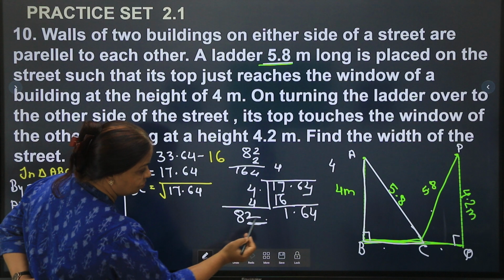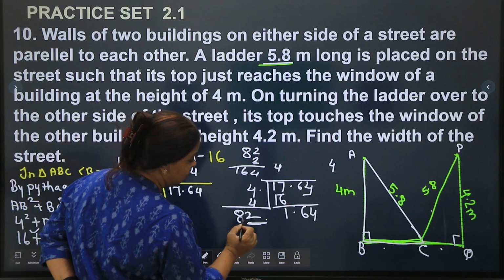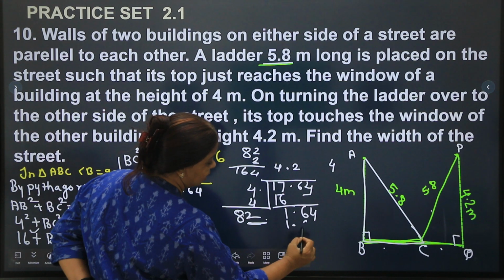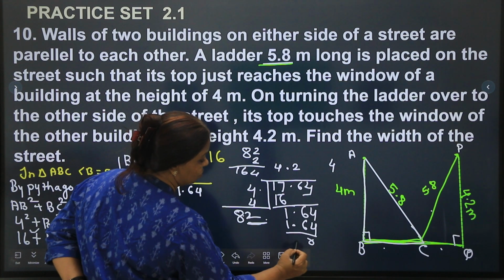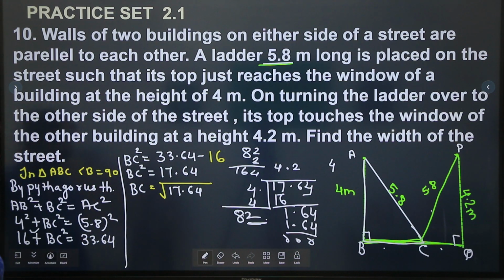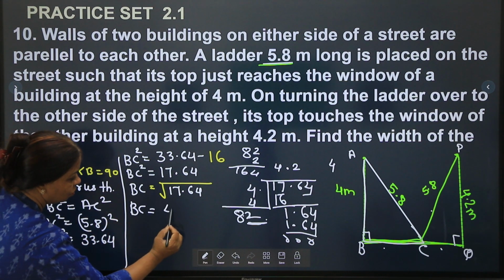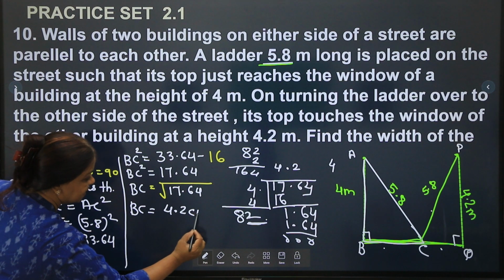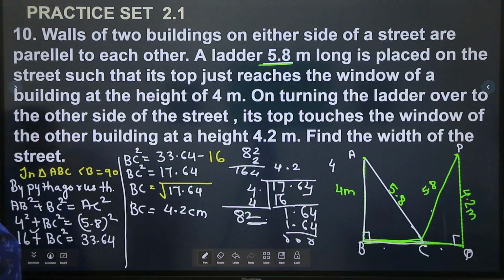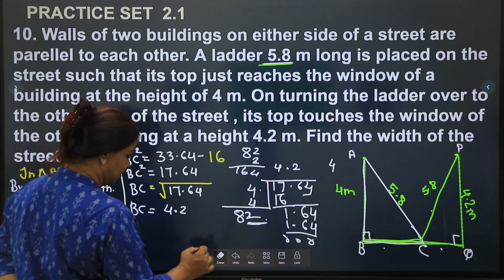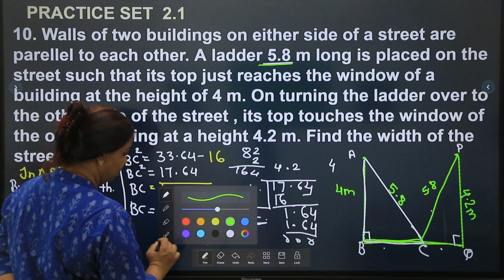So 164, 1.64. So here will be 0.2, 1.64, 0 0 0. So 4.2. So BC is equal to 4.2 centimeter. Meter, not centimeter, it will be meter. 4.2 meter.